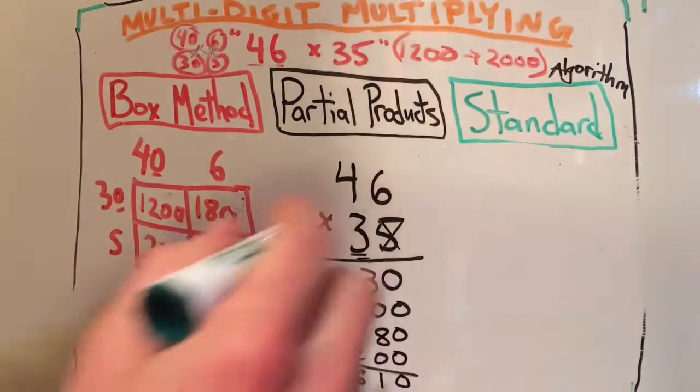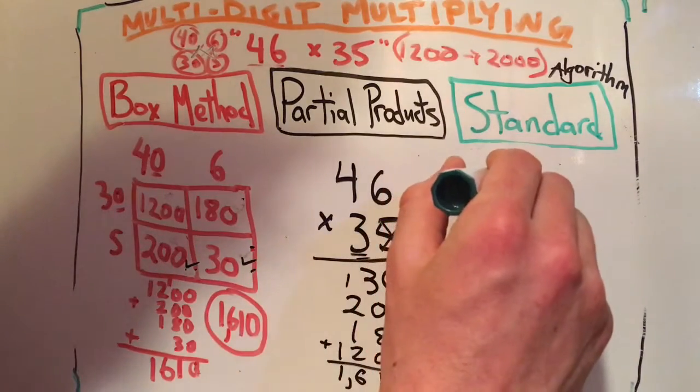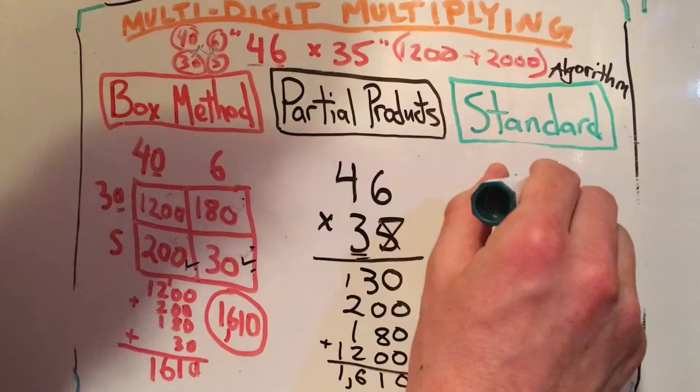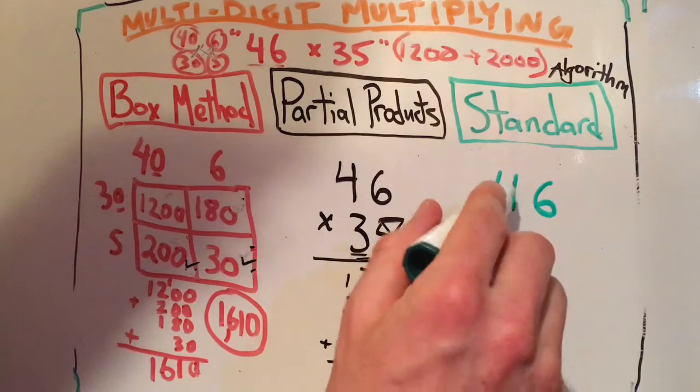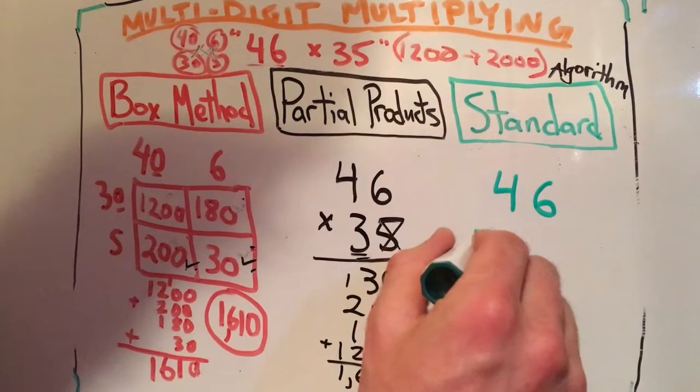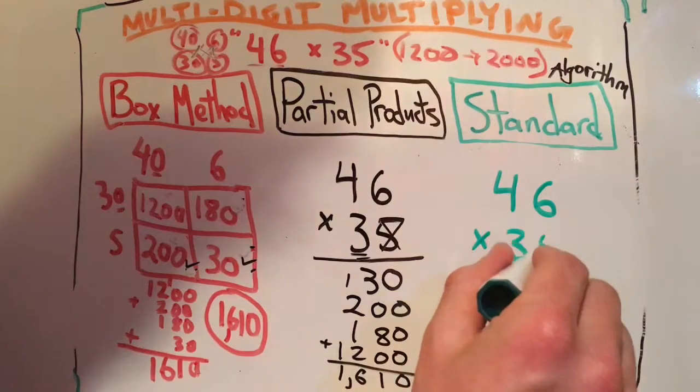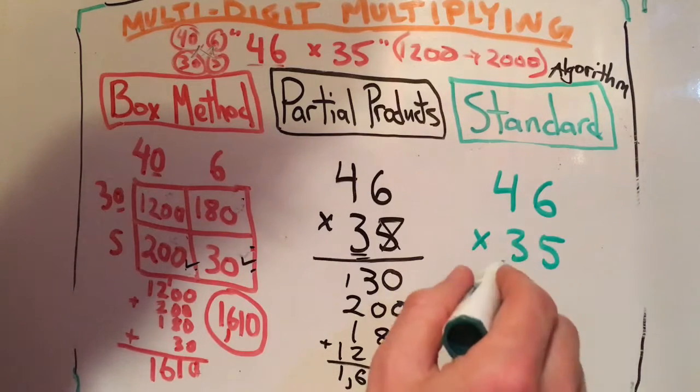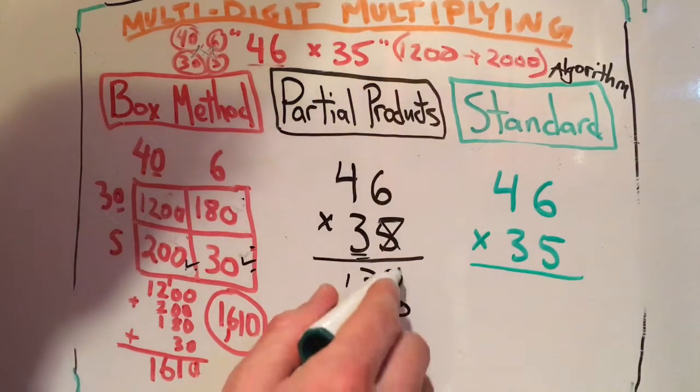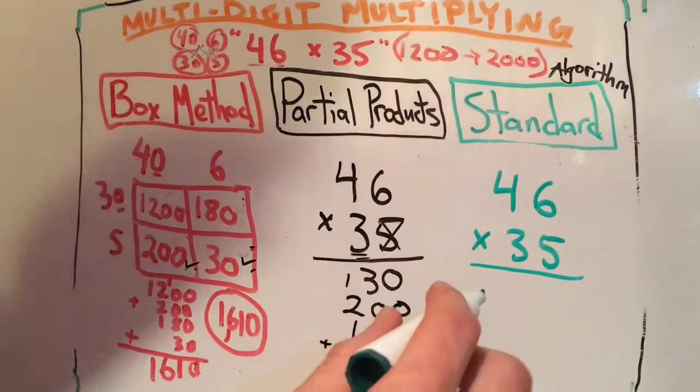In the standard algorithm, we're going to do the same. We're going to make sure we multiply the 40 and the 6 by the 30 and by the 5, but we're going to combine some of these rows.